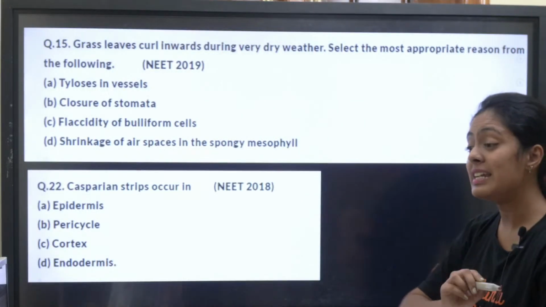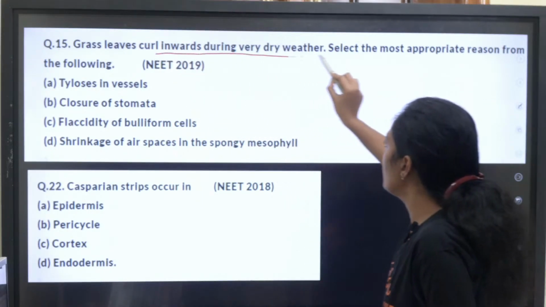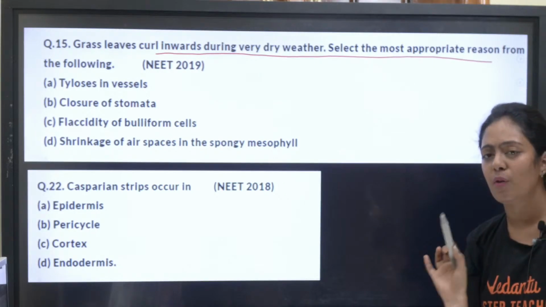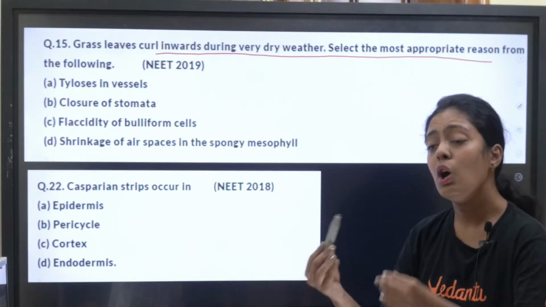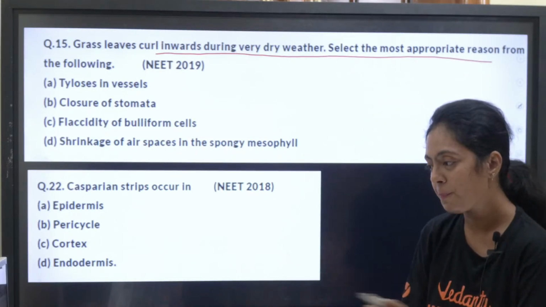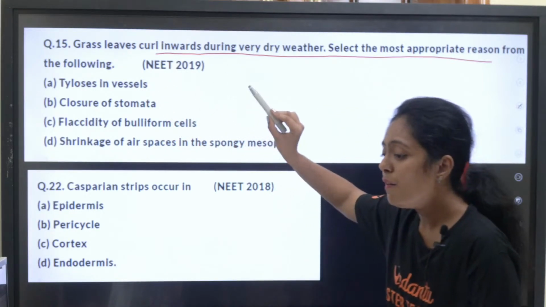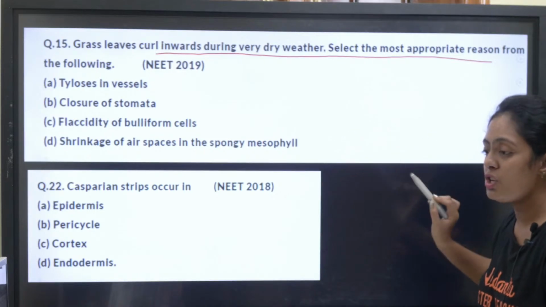Now let's move on to a NEET 2019 question. Grass leaves curl inwards during dry weather. Select the most appropriate from the following. What is the reason? Just a few minutes back we did this, right? What is the reason for the curling of grass leaves? The options are: thick-walled vessels, closure of stomata, flaccidity of bulliform cells, shrinkage of air spaces in spongy mesophyll.